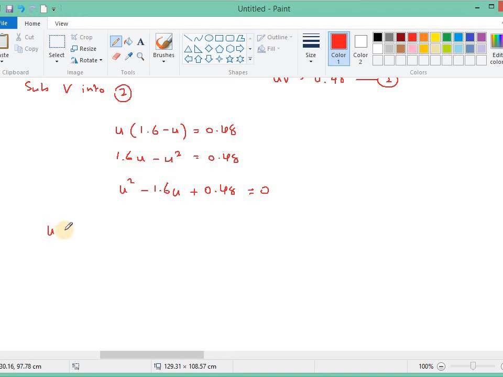So u equals negative b plus or minus the square root of b squared minus 4ac, over 2a.